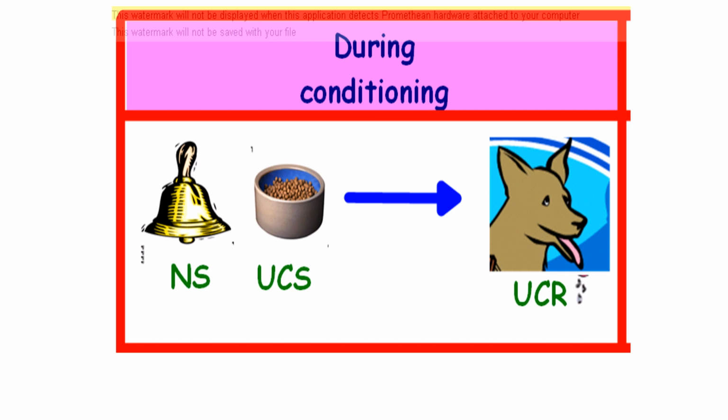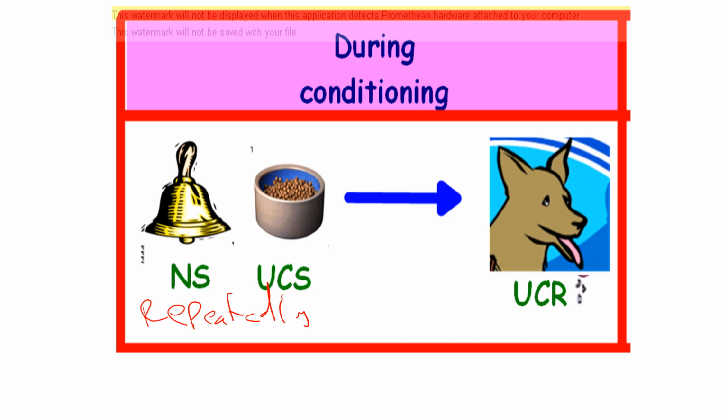Now we get to the money stage. Historically, this is where students lose the bulk of their marks for a lack of detail, a lack of precision in their responses, and simply not following the key principles of classical conditioning. So again, points of emphasis. The NS and the UCS must be repeatedly paired.